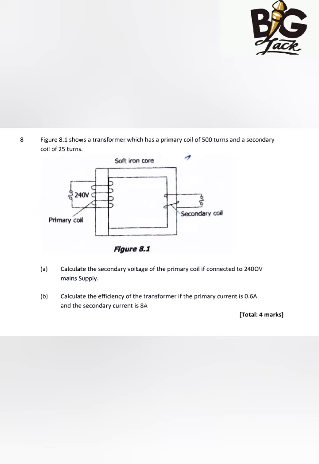Okay, so let's move on to the question. Question A: calculate the secondary voltage of the primary coil if connected to 240 volts mains supply. This one was supposed to be 240 volts, not 2400.